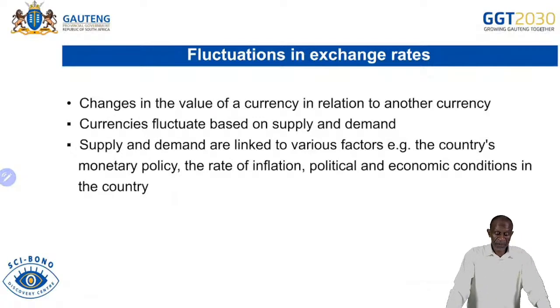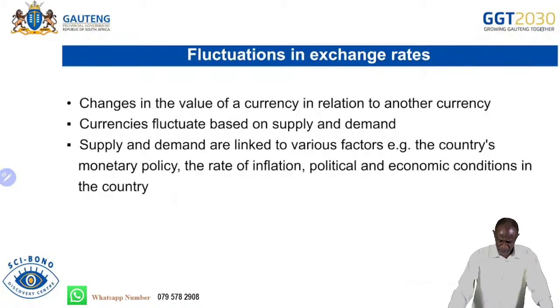Remember, we discussed earlier what causes the rise and the fall of the currency. We have given examples of political instability, unrest, disease outbreak, and many others that are responsible for the fluctuation in exchange rates.